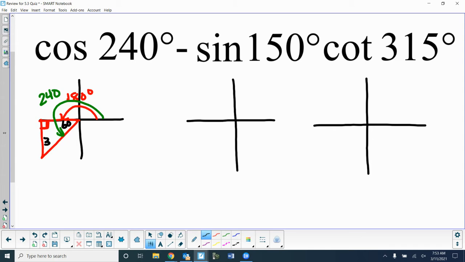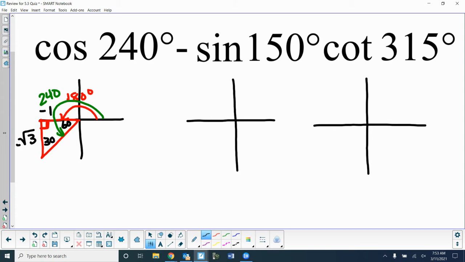So there's my 30. Opposite the 30 is always the 1. Since I'm in the third quadrant, my x value is negative, because I went left there. Opposite the 60 is the square root of 3. Since I'm going down, that's also negative. So my two sides of my triangle are negative.